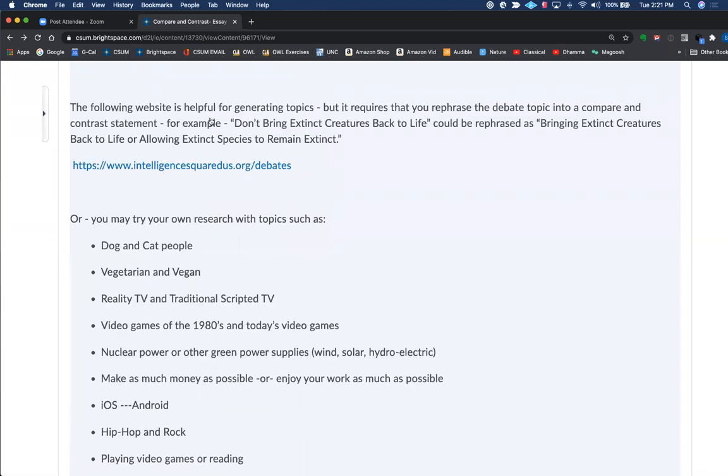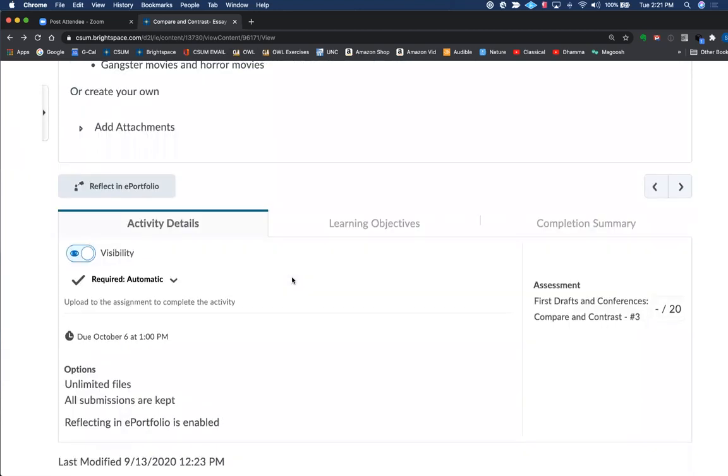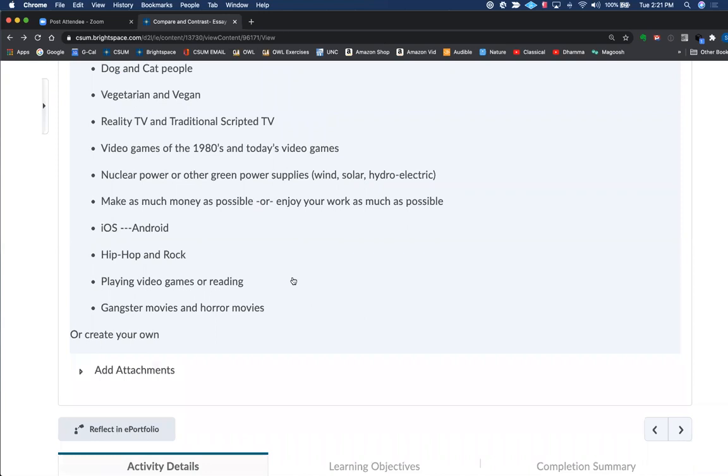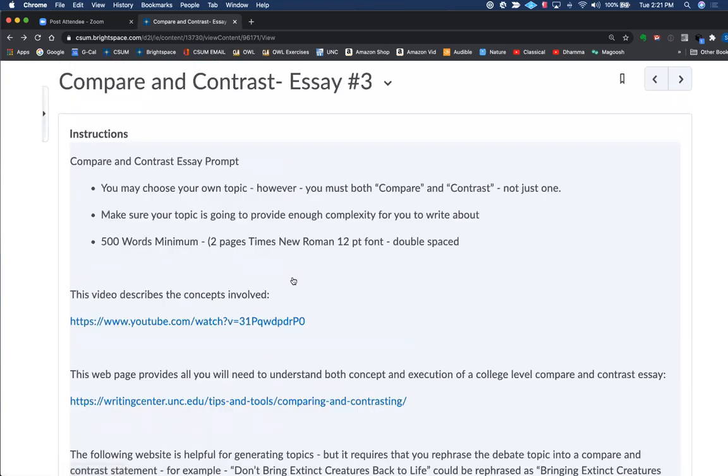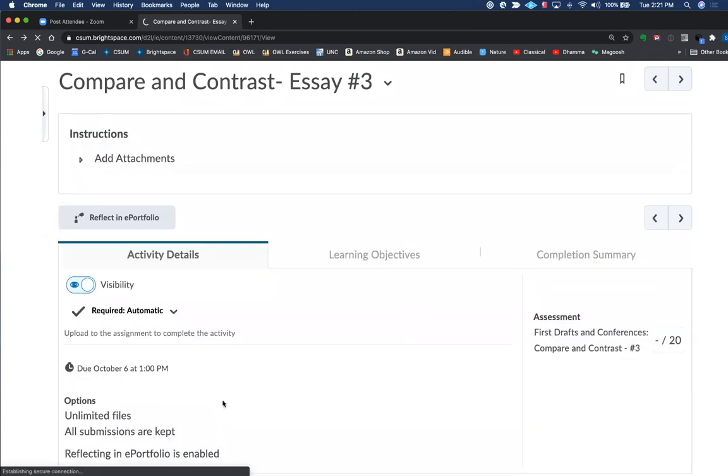It's a little easier to have interesting things to say about complex issues, but you kind of have free rein, and I want to give you the free rein to make these kinds of judgments for yourself. And there's 2 ways that you can organize this paper, and this one has to do with how you balance the organization of comparing and contrasting.